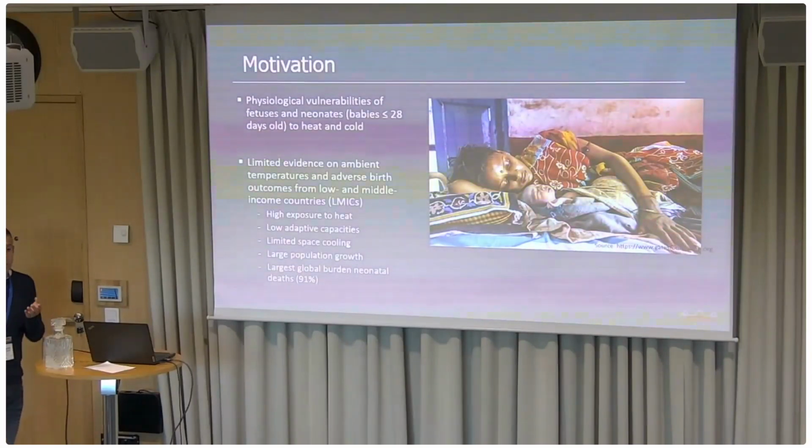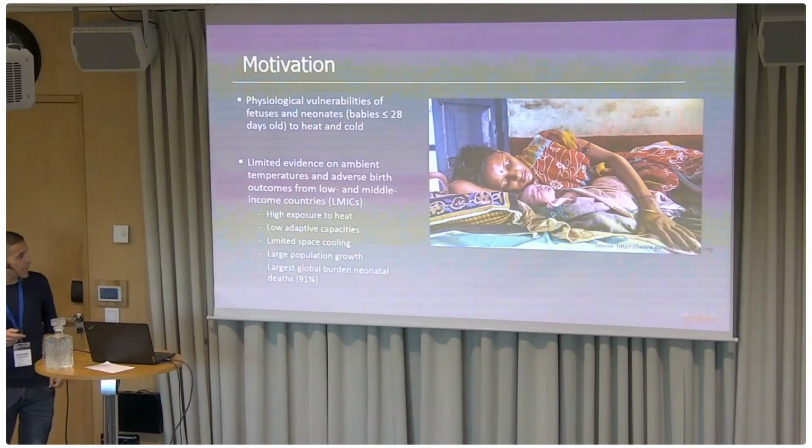In particular, because among other subgroups, these are especially vulnerable to non-optimal temperatures and other stressors. There are physiological reasons, but also logistical reasons, that I will not expand on here. But it was very important to understand the impact on these specific subgroups, which are probably very rarely studied if compared to the general population.